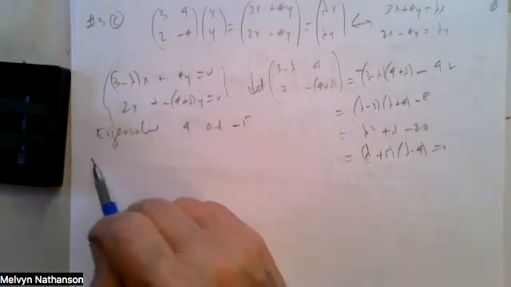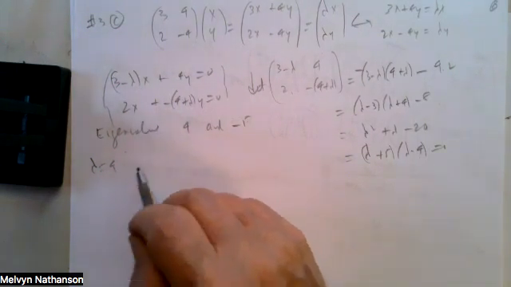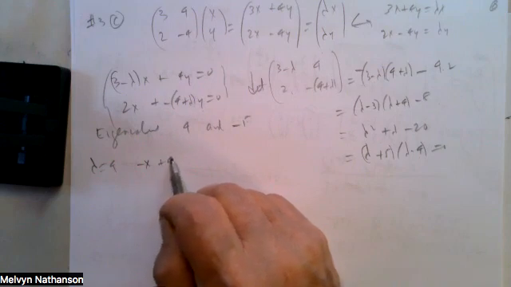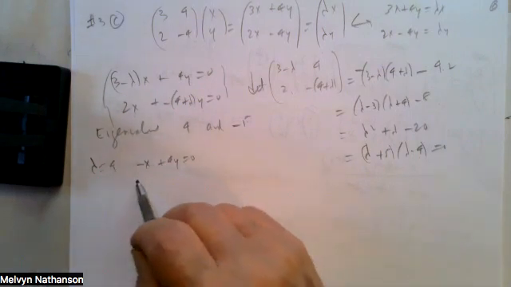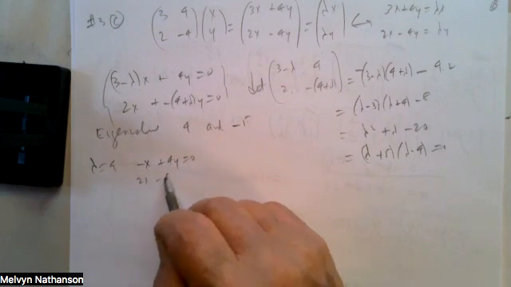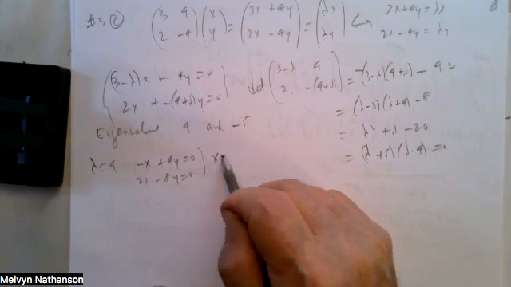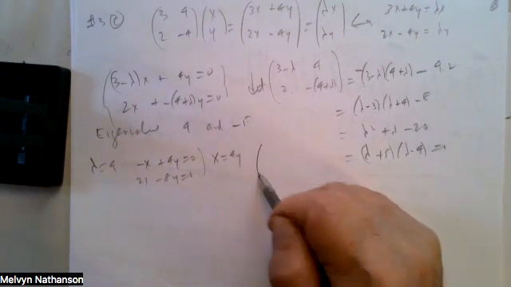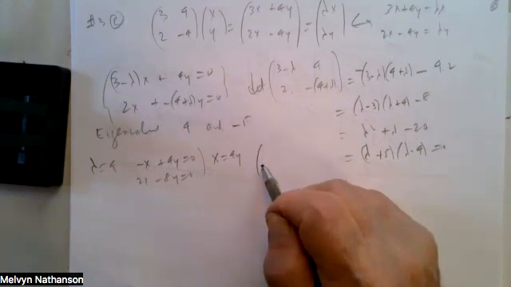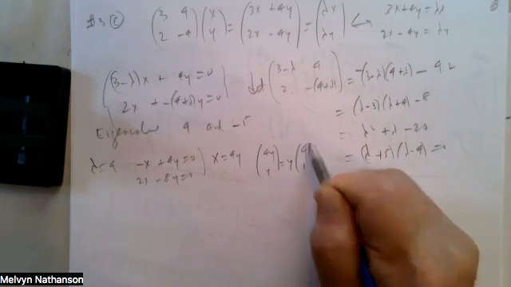When lambda is equal to 4, this equation is minus x plus 4y equals 0. And this equation is 2x minus 8y equals 0, which are the same equation. x equals 4y. So an eigenvector is 4y, or y times the vector 4, 1.